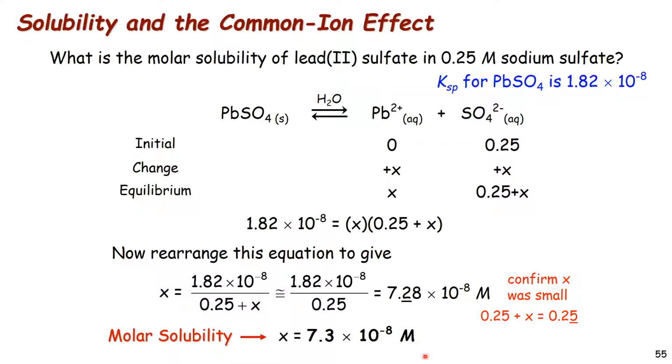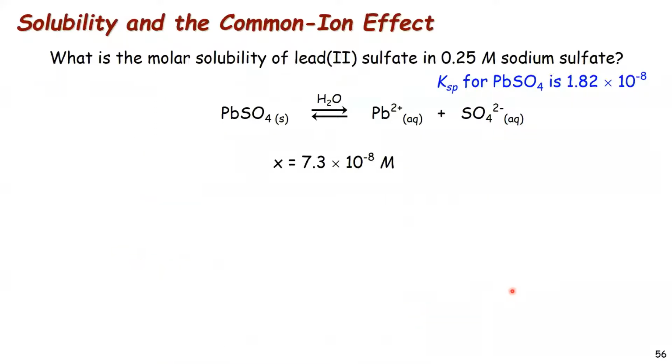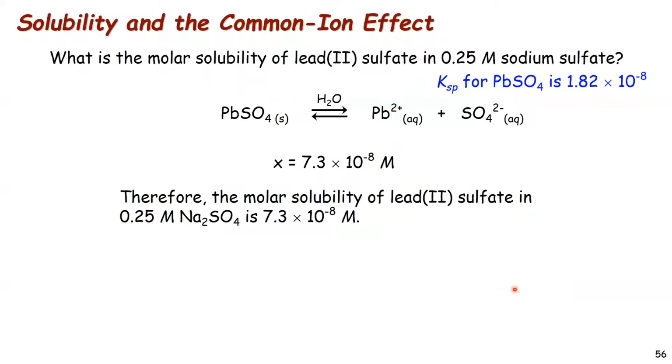And again, I stress that this value of the molar solubility is when it is in a solution that contains 0.25 molar sulfate. If the 0.25 molar sulfate wasn't there, the value would be different. This is the solubility in a solution that already contains 0.25 molar sulfate.